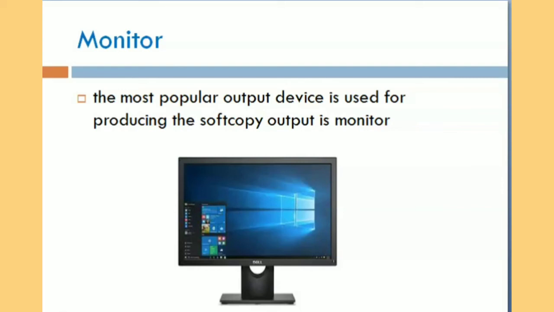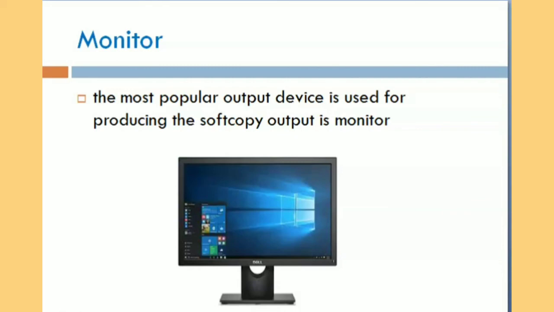The monitor can display words, pictures, images, tables, numbers, graphs and charts. It can display text as well as graphics. The size of monitors can be 14, 15 and 17 inches. It could be either an LCD or a CRT monitor.